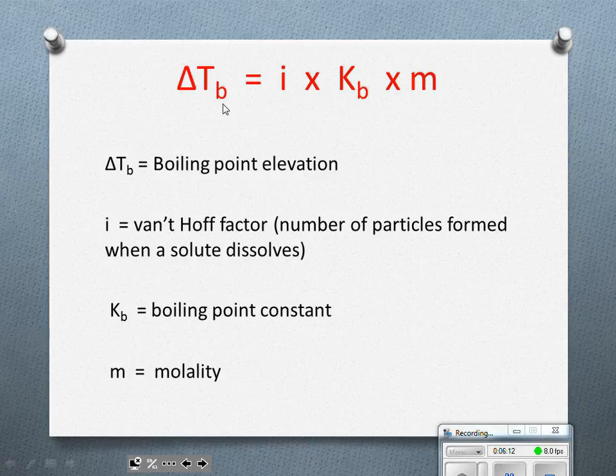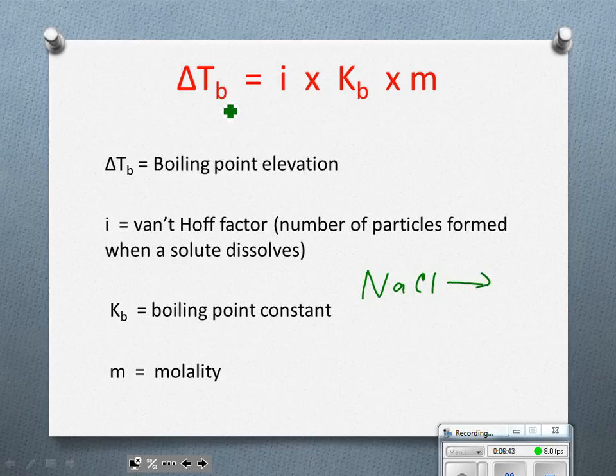Now, we're going to talk a little bit here about Van't Hoff's factor, because that is probably the toughest thing to determine, and it's pretty easy, folks. I'm going to put up here just on the side sodium chloride. When we had sodium chloride, and I believe it was lab number 13, it dissociated.